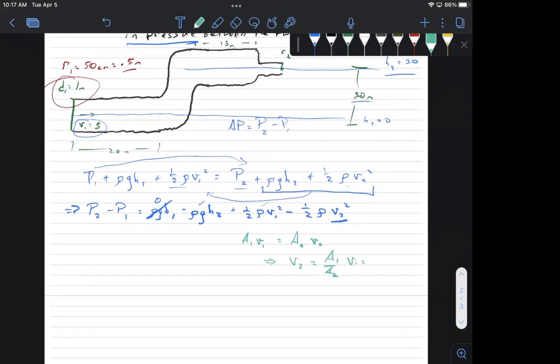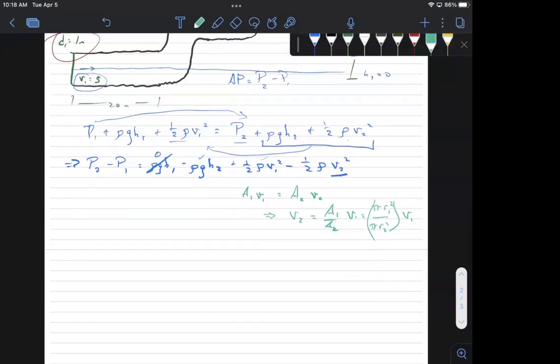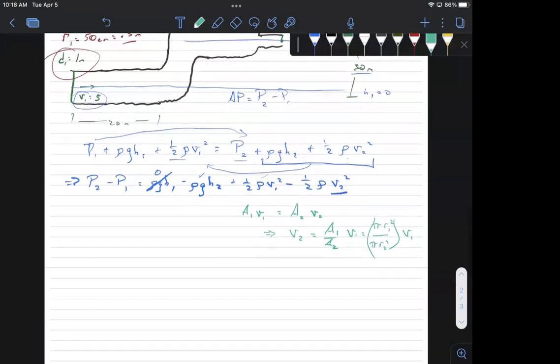Well, what is A? A, of course, is the area of the pipe. And when we say the area of the pipe, we mean the cross-sectional area, as if you slice the pipe and you're looking at the face. It's a circle. And so the area is pi times radius 1 squared divided by pi times radius 2 squared. That's A1 over A2 times V1, which of course is V1. So that's what I need. All I need to do is plug these numbers in.